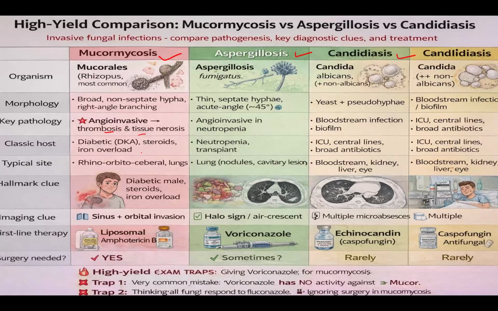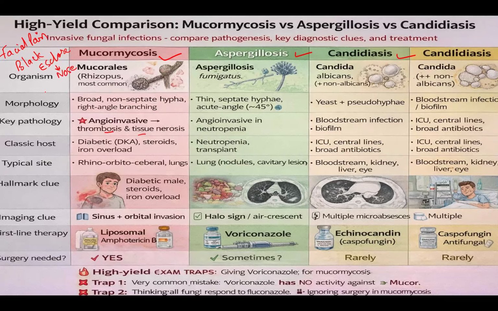Can anyone tell me what are the signs and symptoms of mucormycosis? Initially, the patient will come with what? With facial pain. Then you will see black eschar. Black eschar where? In the nasal cavity.